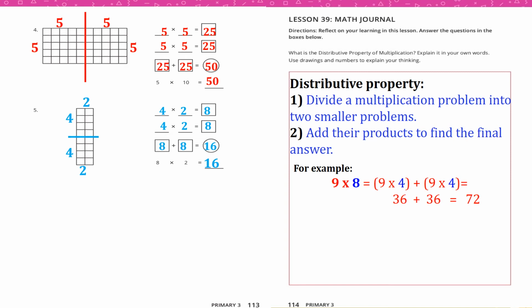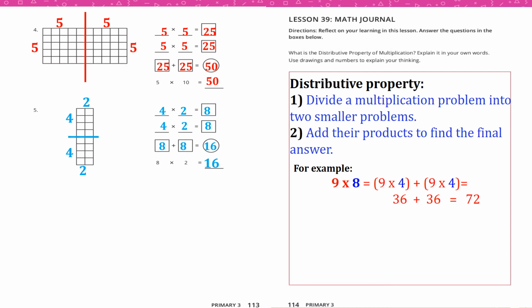I will use the large array or large multiplication problem. I will split it into 2 smaller problems. Then I will add their products to find the final answer, the total area.